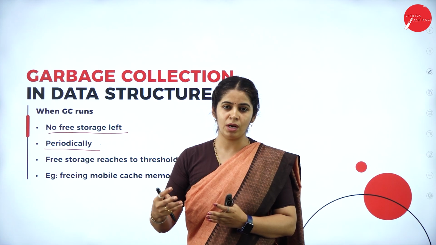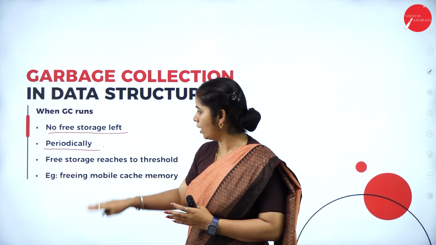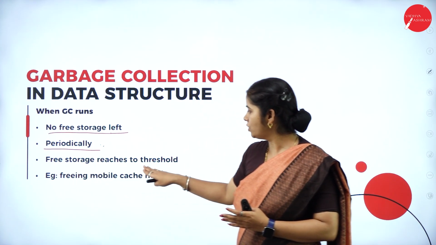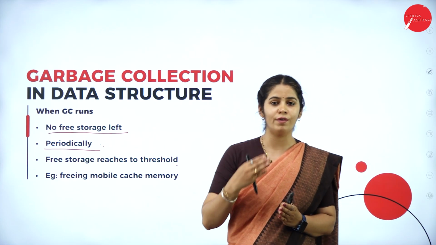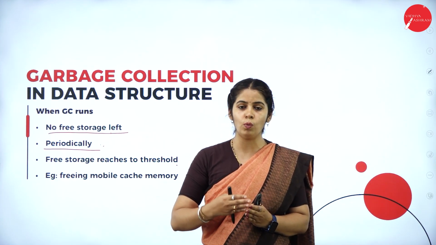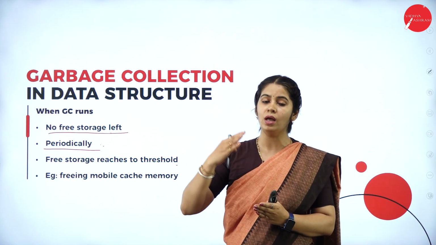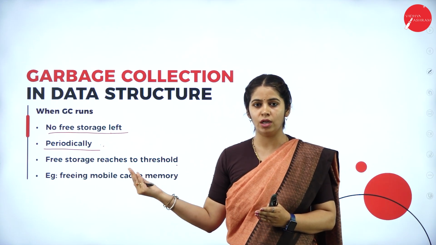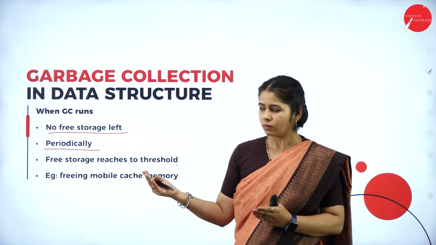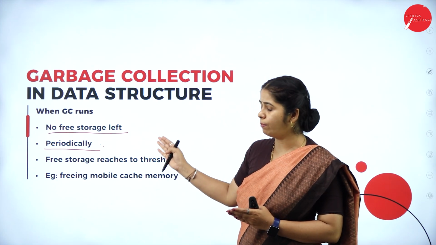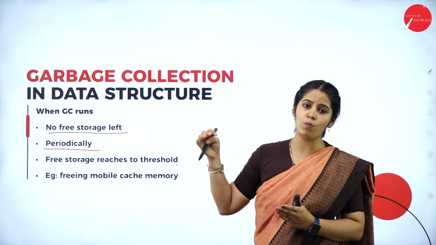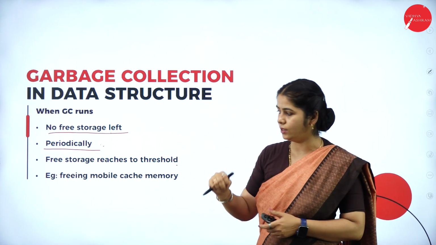That time also you can go for it. Or when free storage reaches a threshold, you can fix one threshold value. When the storage reaches the threshold value, then garbage collection can be done. Okay, these are the 3 situations where we can use the garbage collector.